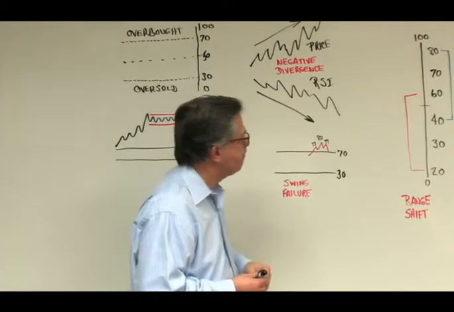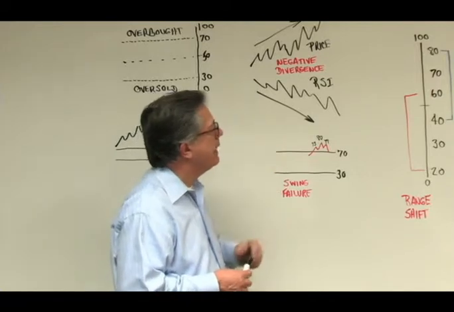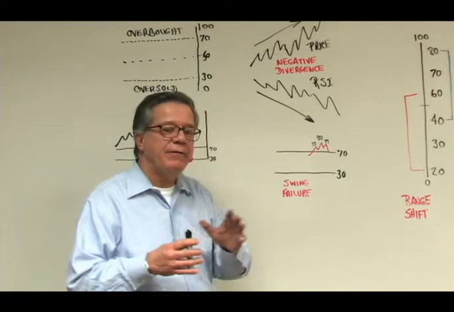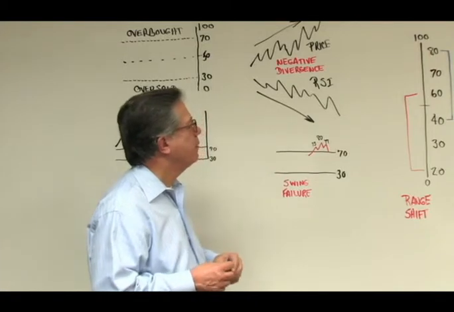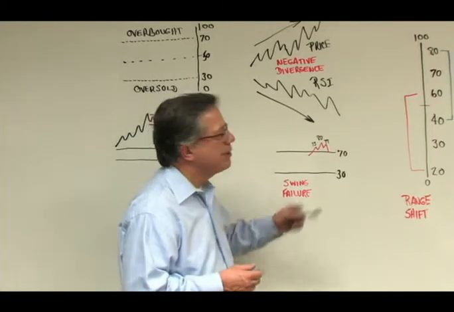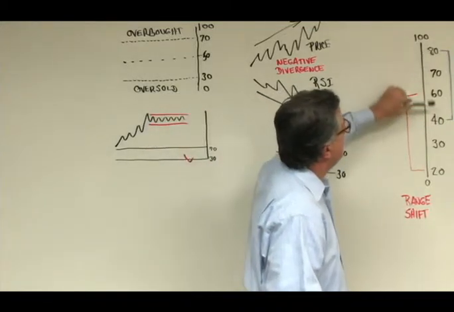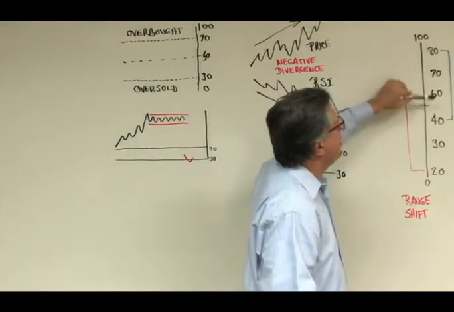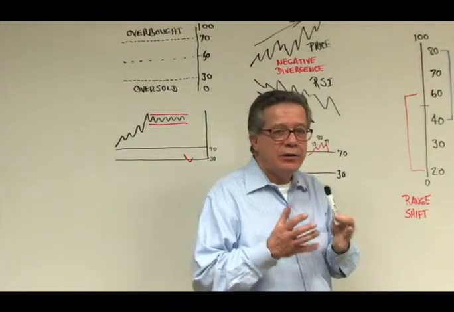A couple of Welles Wilder's devotees, when they're looking at the RSI indicator, have come up with something else that is, I believe, impactful as well, and that's something called range shift. When the RSI has been in the 80 to 40 range, there's more of a bullish bias, in other words, an upside bias to the currency.